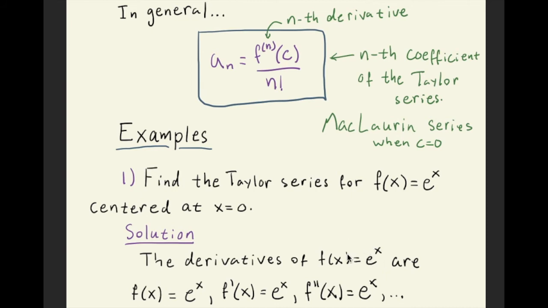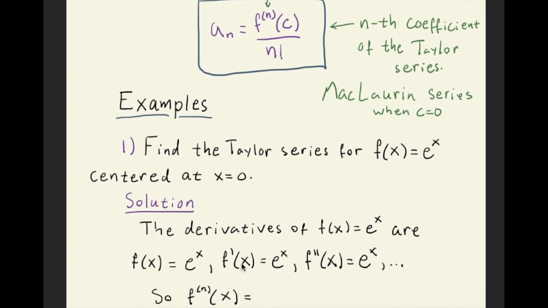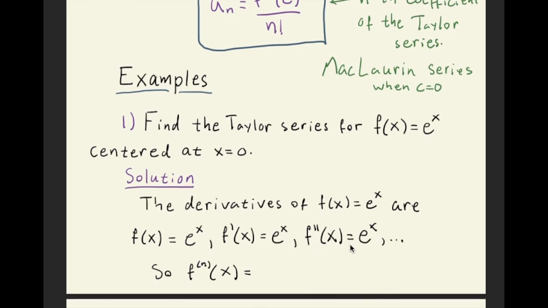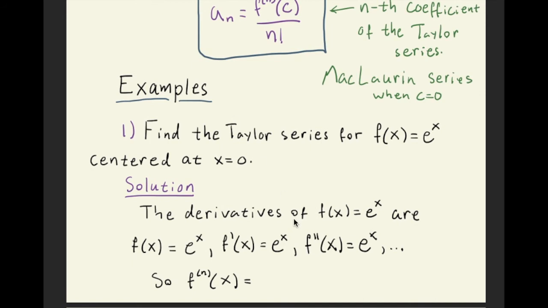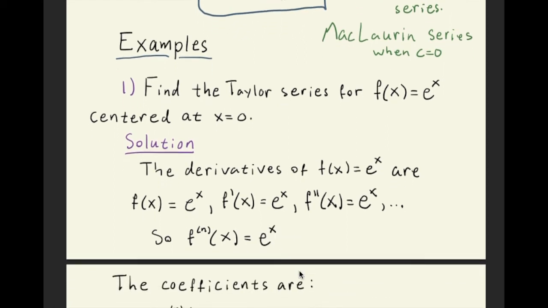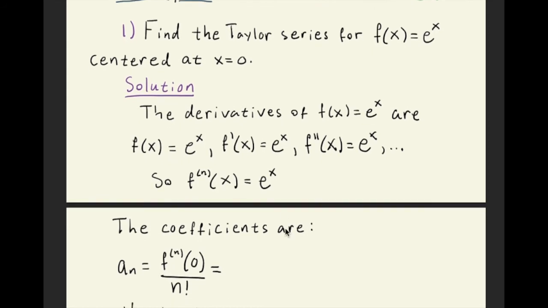Well, that's pretty easy. f of x is e to the x, f prime is e to the x, f double prime is e to the x. With e to the x, you can take a derivative and nothing really happens to it. So the nth derivative of f of x is just e to the x. It's always e to the x. The coefficients of the Taylor series are: an is you plug the center, which is 0, into the nth derivative and divide by n factorial.